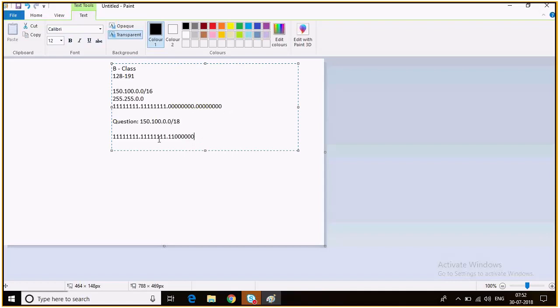When I write 18 ones, 16 ones I already have. So the next two ones that I have taken will move into the third octet, which will leave six zeros for me in the third octet. And then obviously I have to complete the 32 bits, so I'll write the rest of the zeros also here. So this is my expanded binary notation for the subnet mask slash 18. Now I'll write the equivalent expanded notation here.